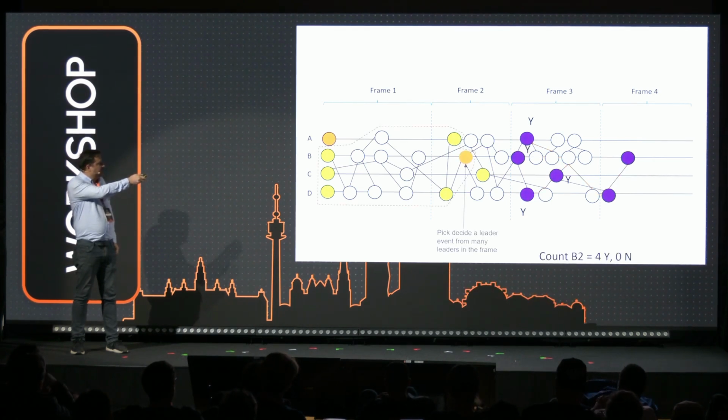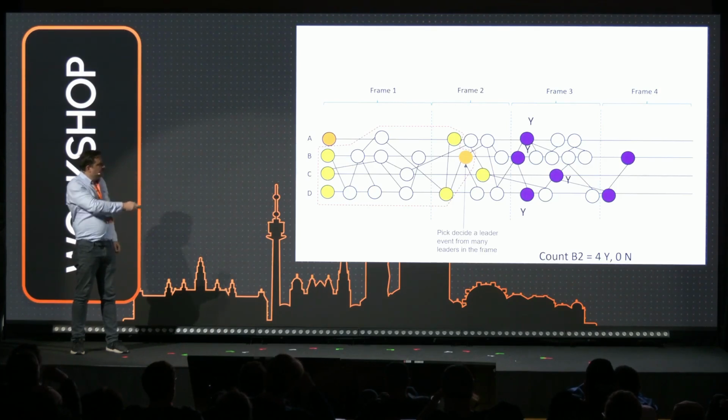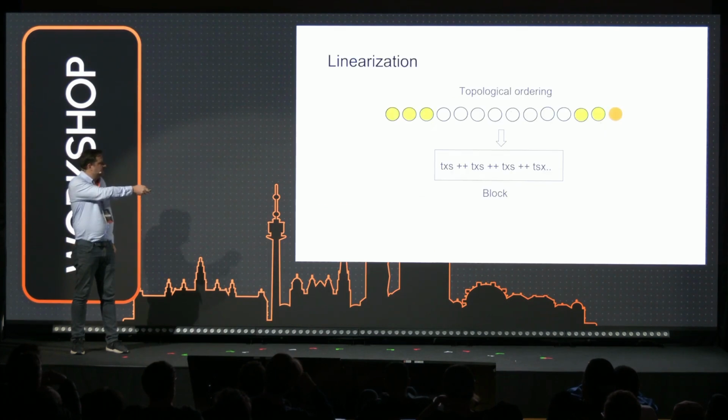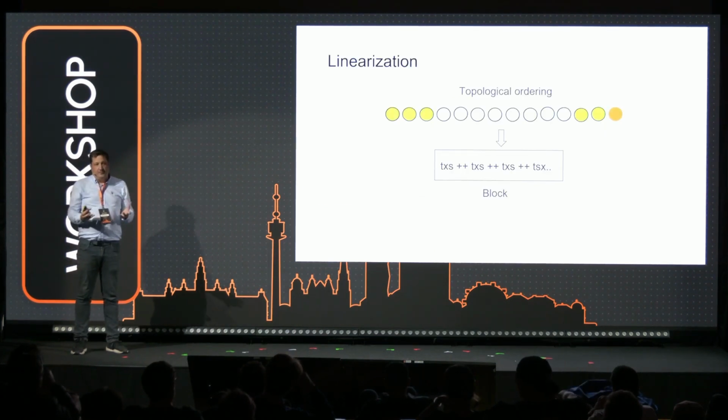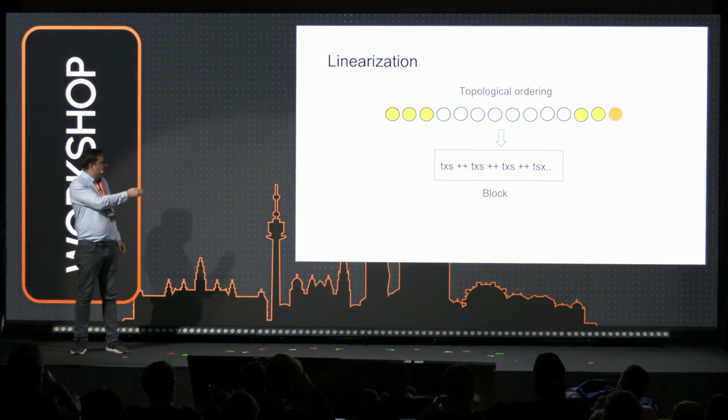And then we have some aggregation that counts these, right? And the idea is when we can elect several of them, and then when we pick one in a particular manner, we can then do the linearization, which we see here. And all this means is we collate all the transactions and we form a block according to some topological order.